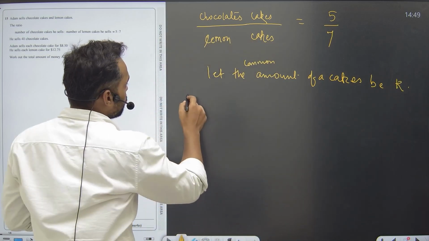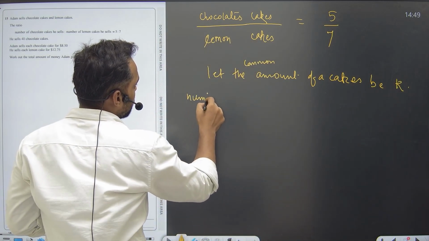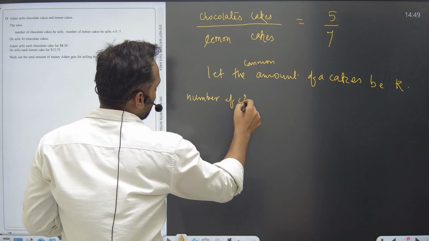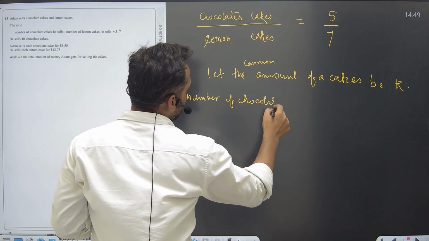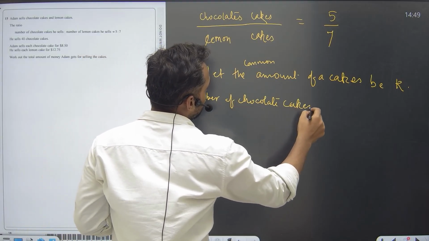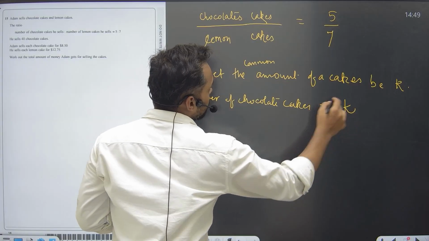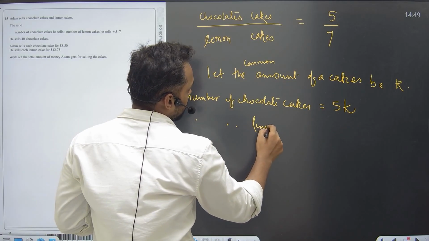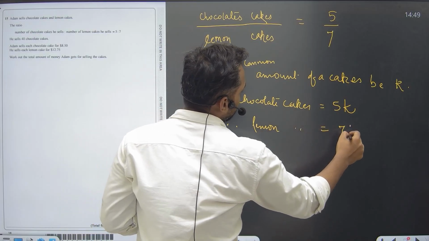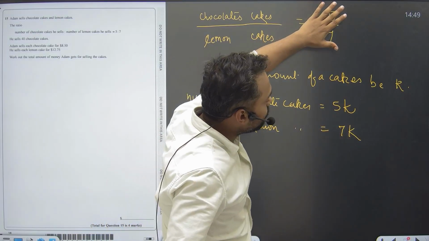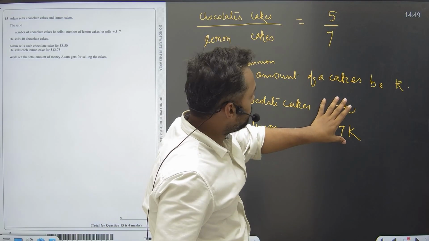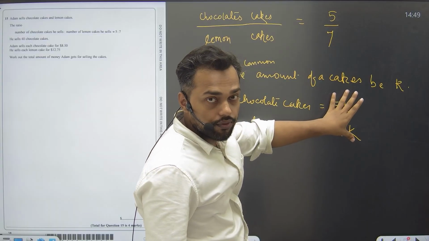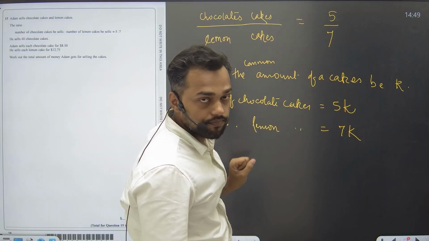So the number of chocolate cakes will be 5k. Similarly, the number of lemon cakes will be 7k. This is the ratio, this is the amount, this is the number. Don't get confused. This is the number, this is the ratio.